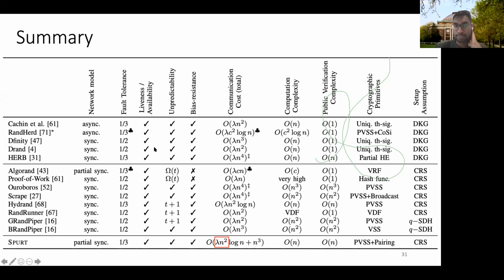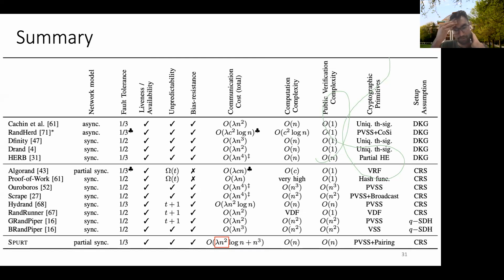DKG based primitives are good in terms of communication cost, bandwidth, and computation. If the set of nodes is fixed, and you don't change the set of nodes that are running the randomness beacon too often, then it might be good to use DKG. You do the DKG once, it will cost you something like n to the 4 or n cubed log n, and then you use the DKG based protocol.